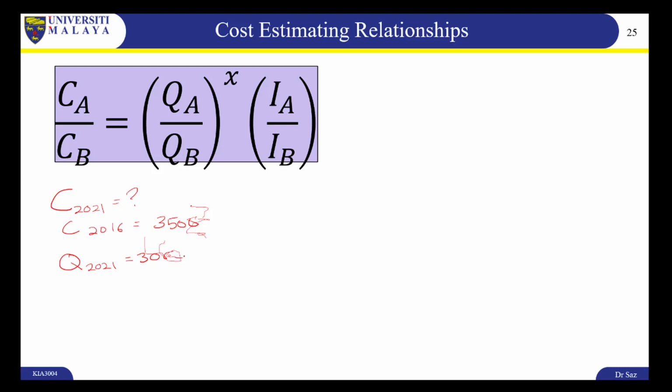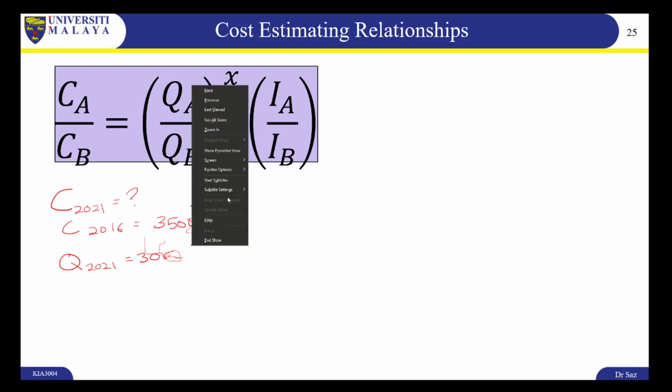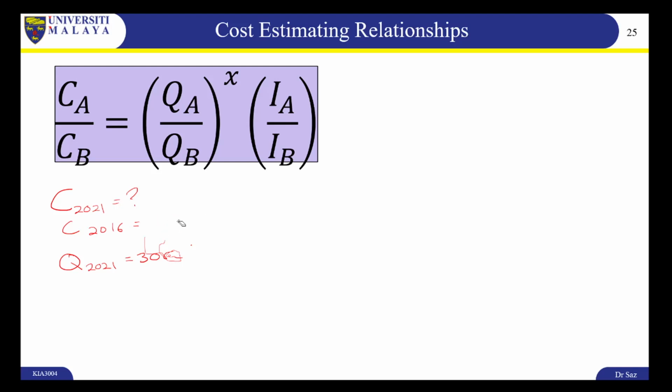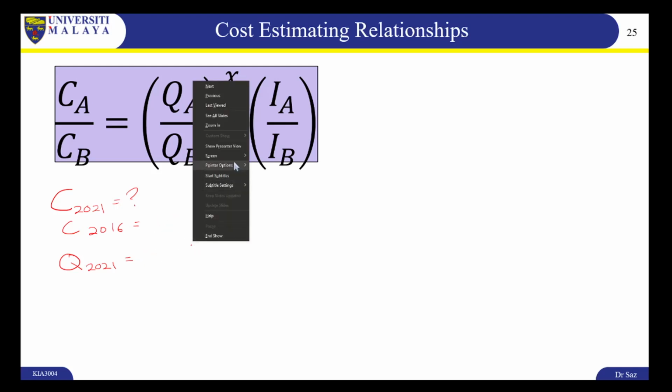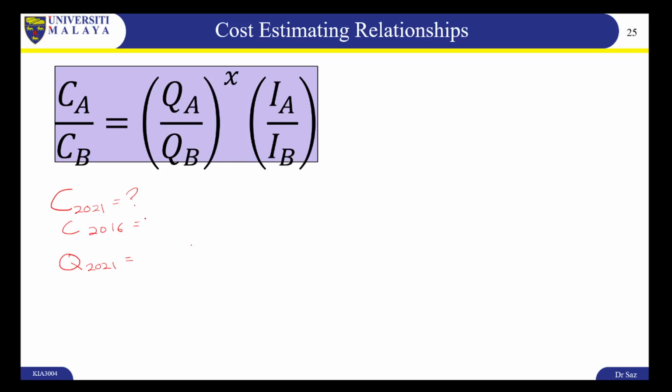Okay, let me just erase this. Alright, there we go. I'm not quite up to the level of Khan Academy yet, guys, so bear with me. So Q 2021 is 300 horsepower.